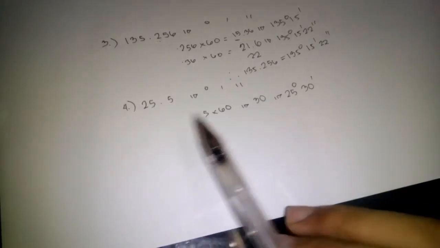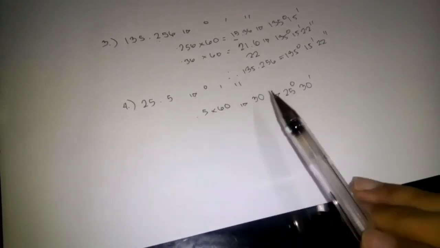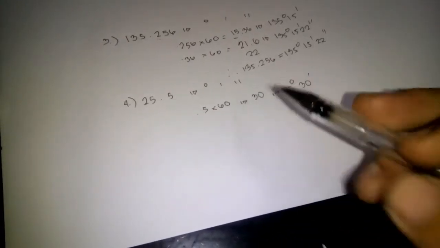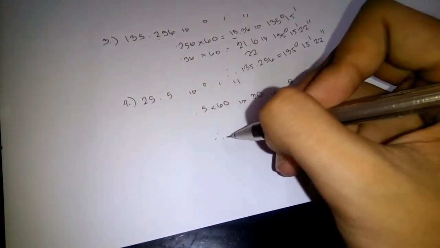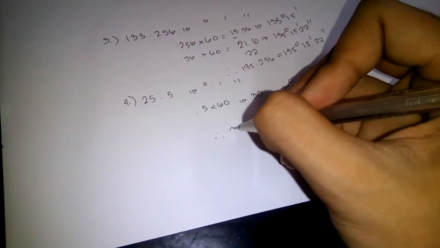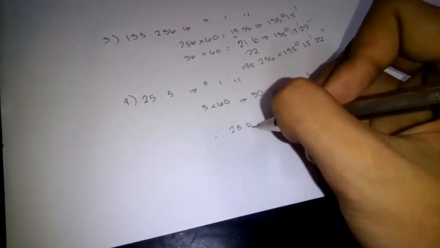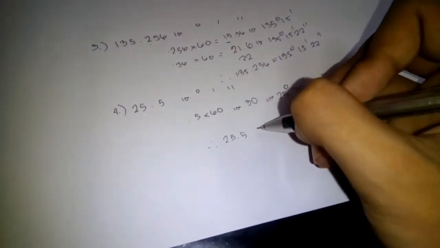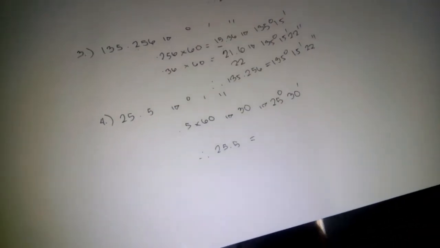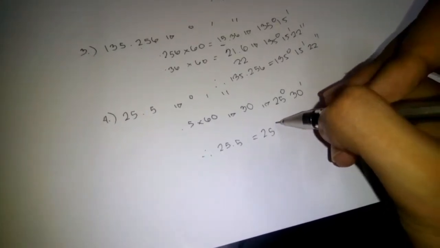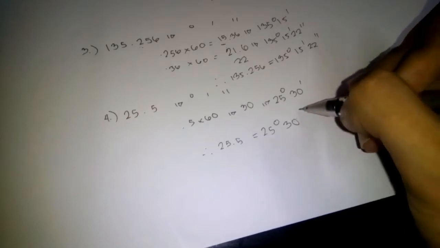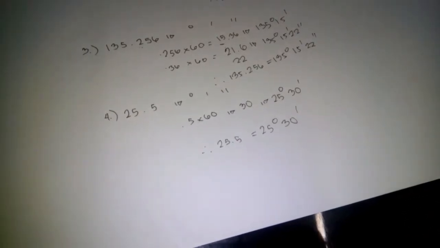So we just copy this one, 25 degrees and 30 minutes. So we therefore conclude that 25 and 5 tenths is equal to 25 degrees and 30 minutes.